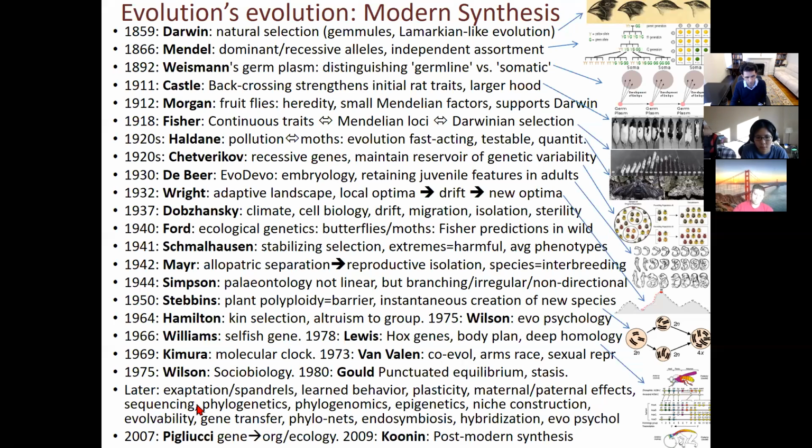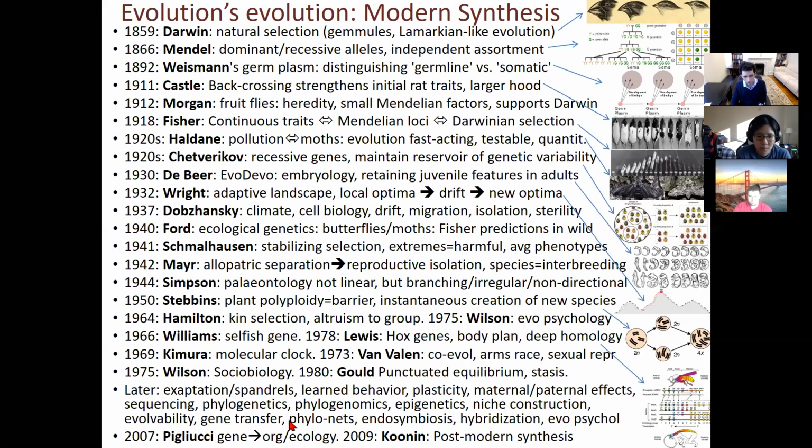And then, of course, the advent of whole genome sequencing and phylogenetics and phylogenomics and epigenomics and epigenetic inheritance, the construction of niches through evolution and this coevolution between the genes and the environments that they shape. And then the concept of evolvability, of getting better at evolving and being able to go back through previous forms by maintaining this ancestral diversity.